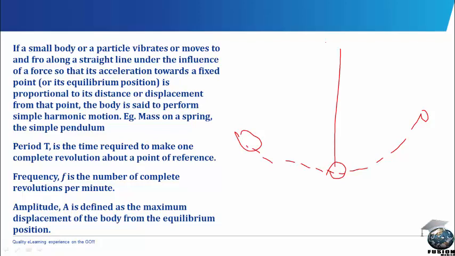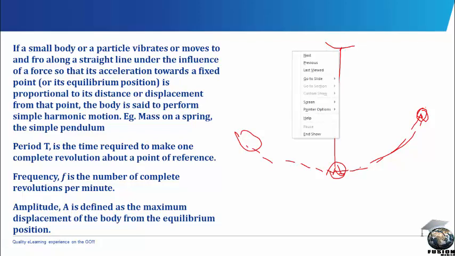We now say that here is a fixed point, that when this particular body moves on this point, the acceleration of this body is directed towards this fixed point, and this kind of system which has the acceleration directed towards a fixed point is known as simple harmonic motion. We can now discuss parameters that we can use to study simple harmonic motion.